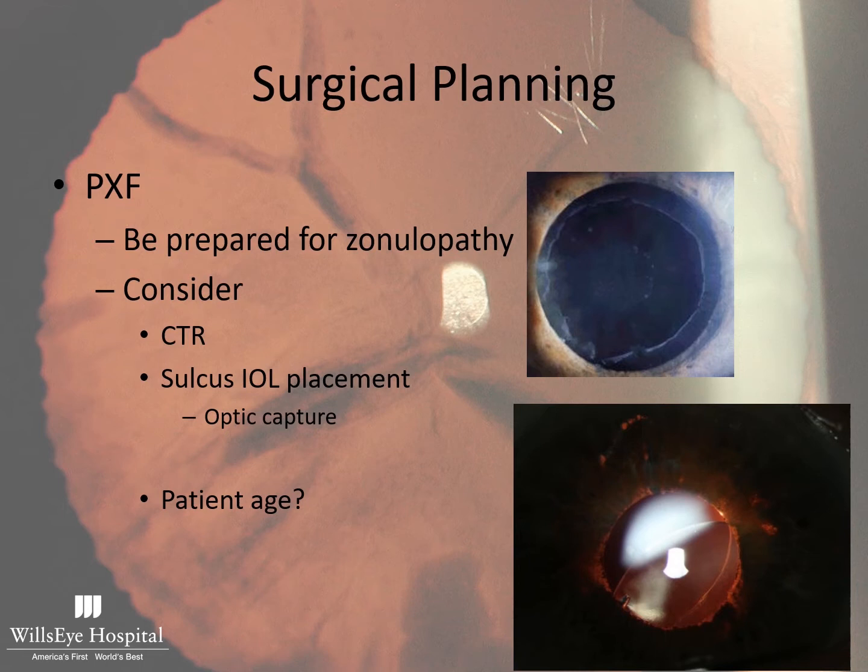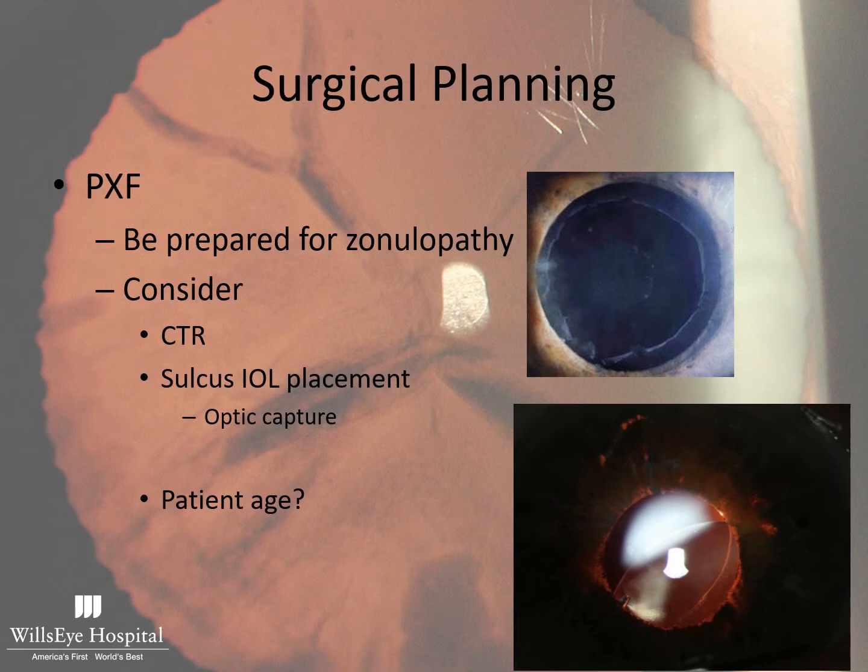A trial done a number of years ago by David Chang looked at whether placement of a CTR at the time of surgery prophylactically reduced the risk of IOL capsular bag decentration, and that was not shown to be helpful.